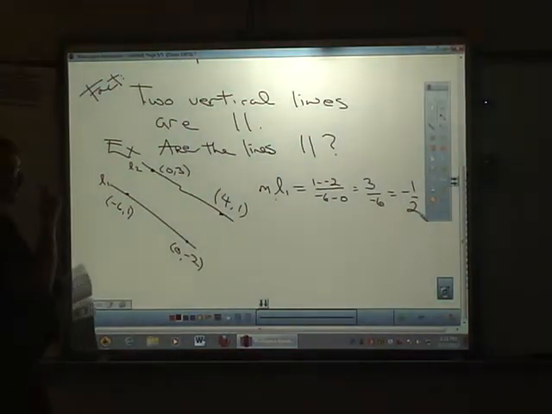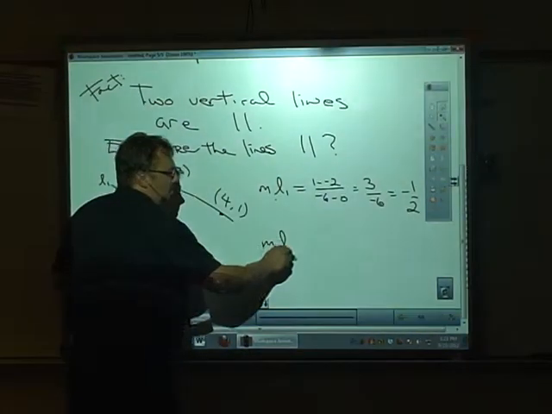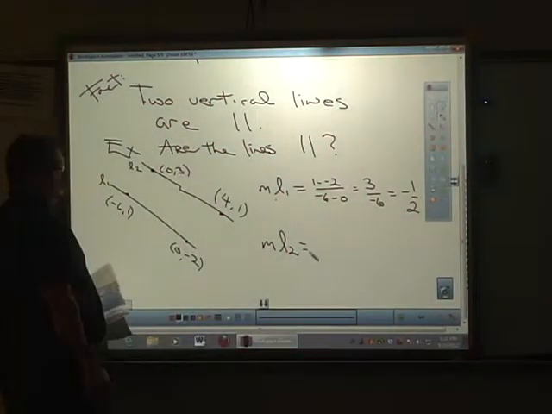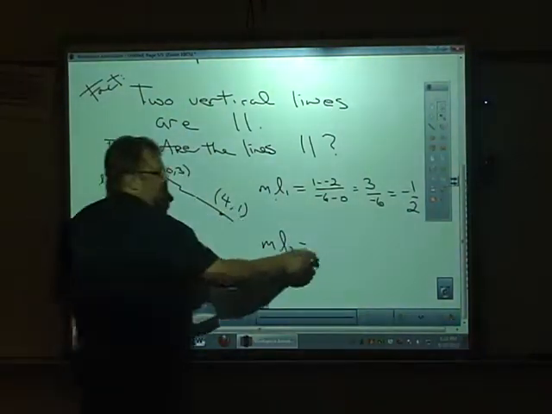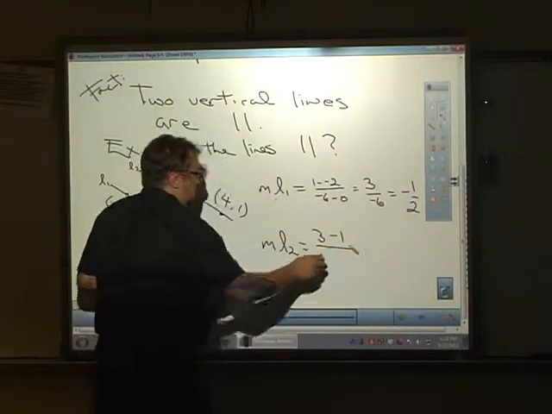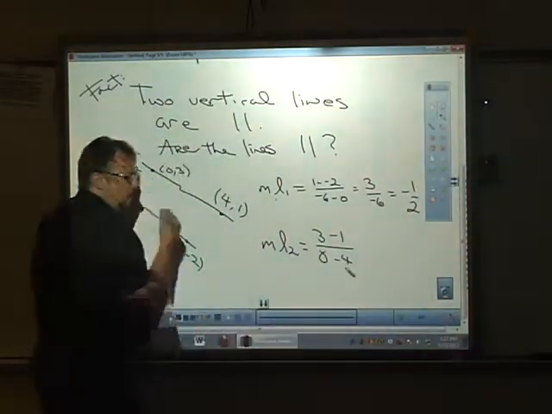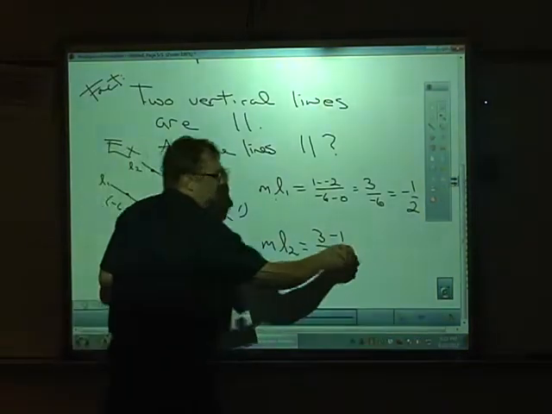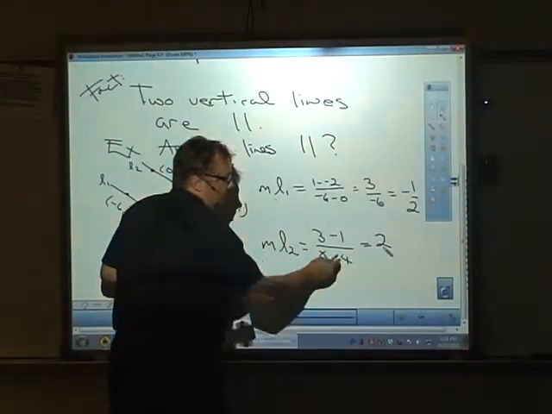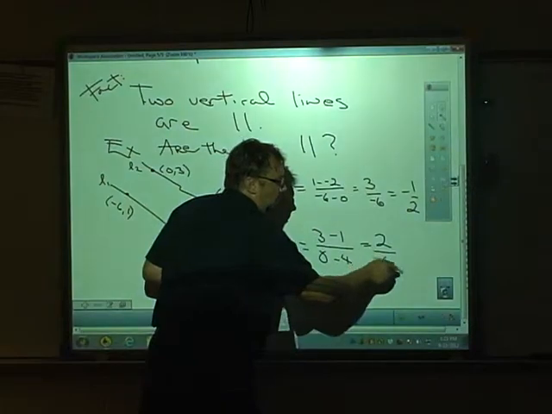Now let's look at the slope of the second line. Well, we've got 3 minus 1 over 0 minus 4. 3 minus 1 will give us 2. 0 minus 4 will give us -4.